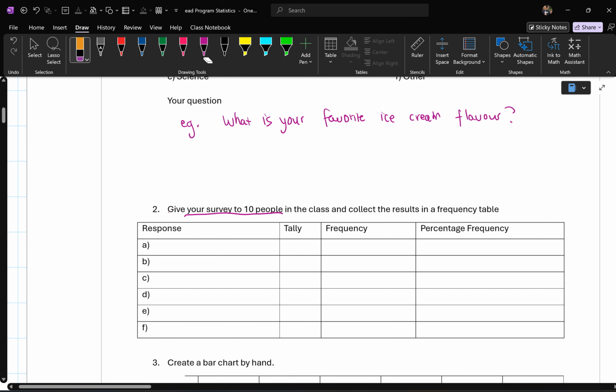Then you tally the responses, which could be chocolate, chocolate, vanilla, strawberry, and so on. Tally is the line, so every time you hit 5, you do a cross. Then for frequency, you give me the number. If this was 7, it's 7. If this was 3, then that's 3. Counting 1, 2, 3, up to 10, the total frequency is 10.